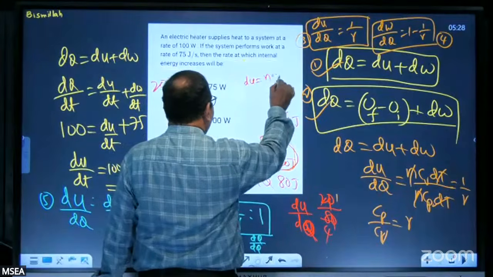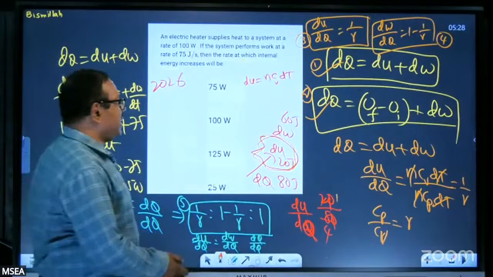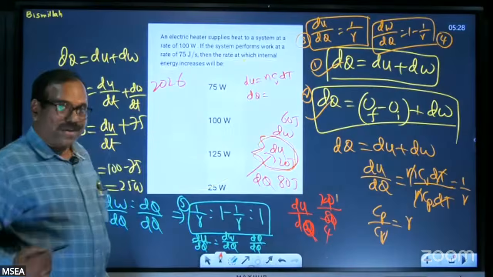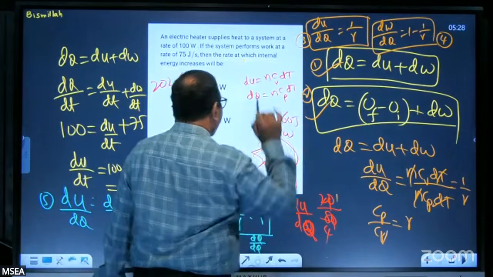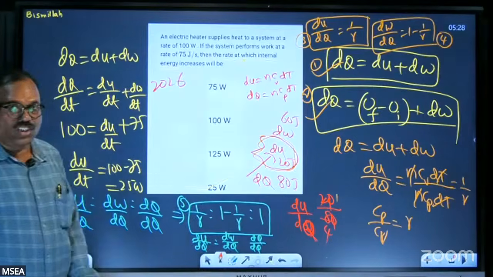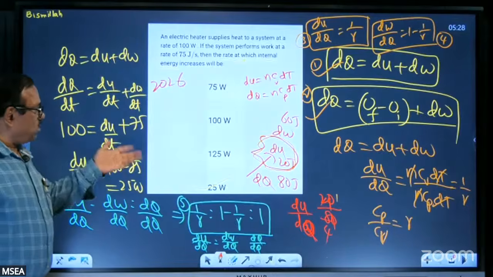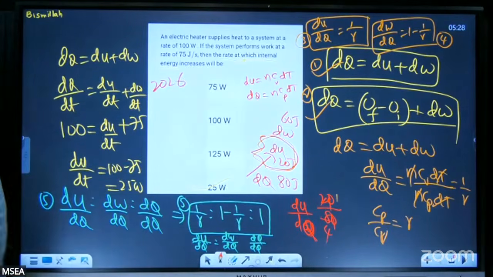Internal energy change at constant volume is du equals ncv dt, and if heat is supplied at constant pressure, dq equals ncp dt. Before going to discuss another question, let us see these things.